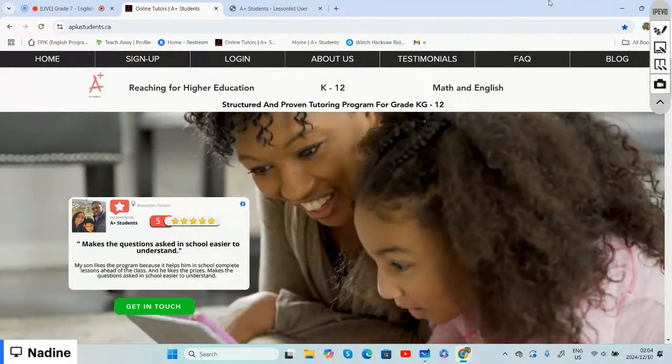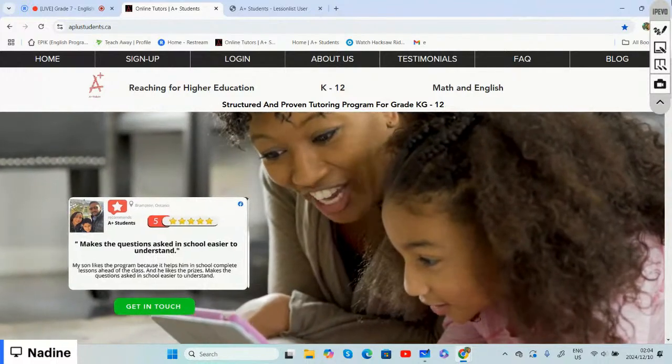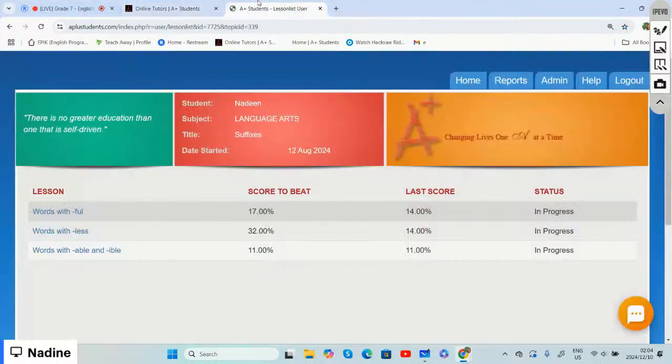We're doing grade 7. And then we're going to scroll down until we get to our chapter of suffixes.